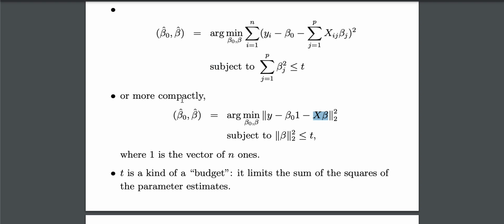And we want to solve this optimization problem subject to this constraint where the L2 norm squared is bounded by t. T is also sometimes referred to as a kind of budget. The larger the t, the more complex the model. The smaller the t, the simpler the model.